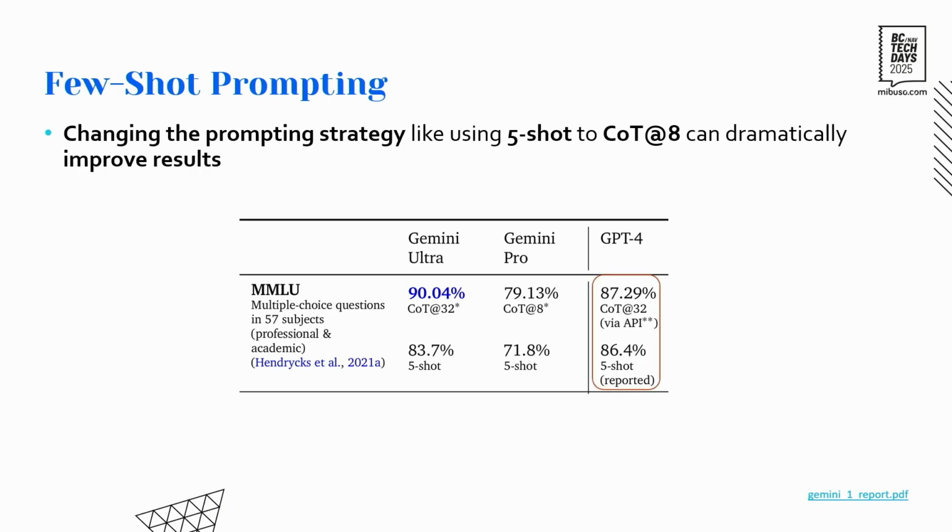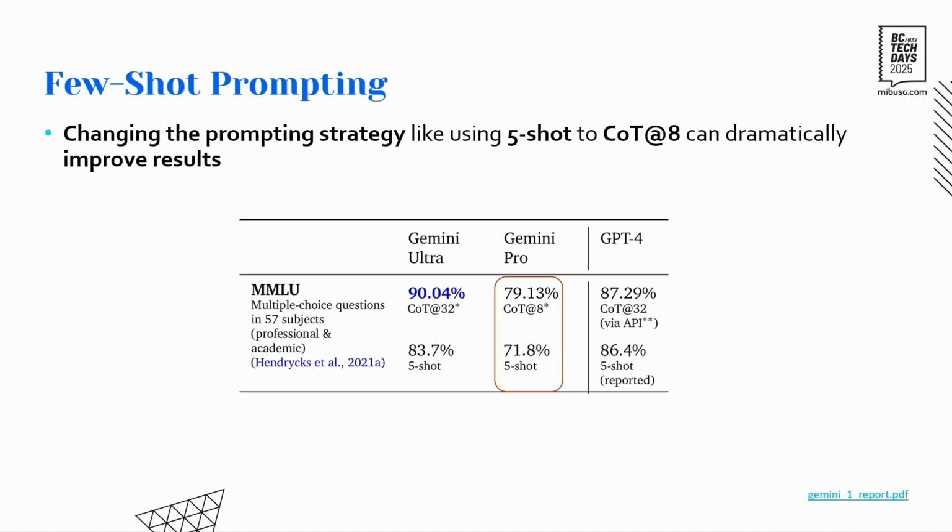We can actually see GPT-4, the results that it got, it doesn't really change too much. Now, I don't know what the test really is, but it does make a difference depending on the model, depending on the task that you're actually performing. As we can see with Gemini Pro, it got an 8% bump.